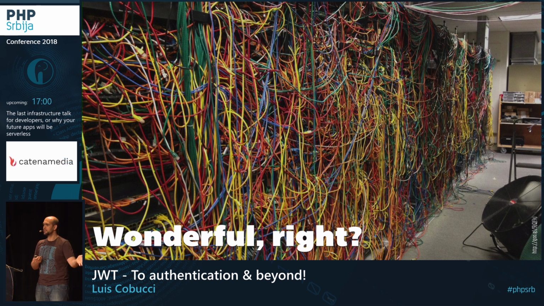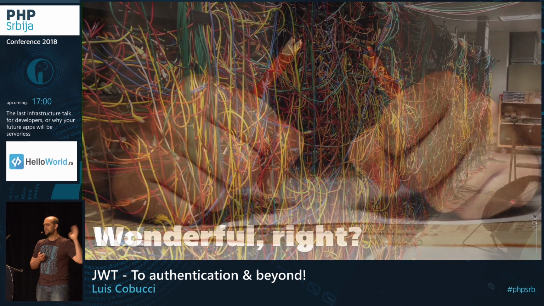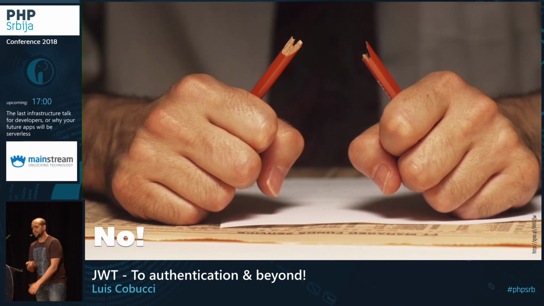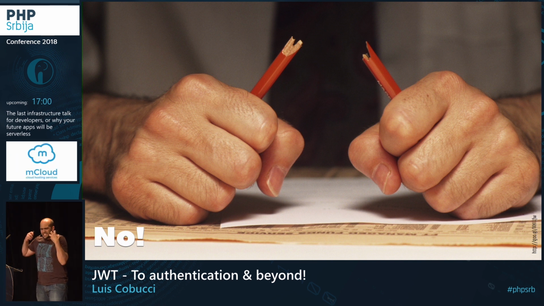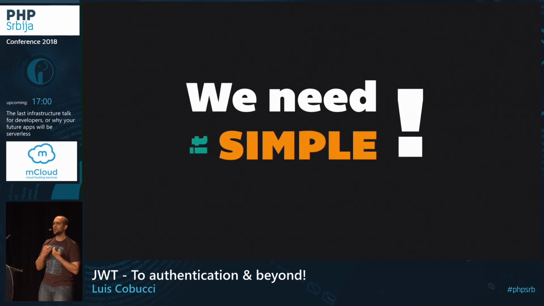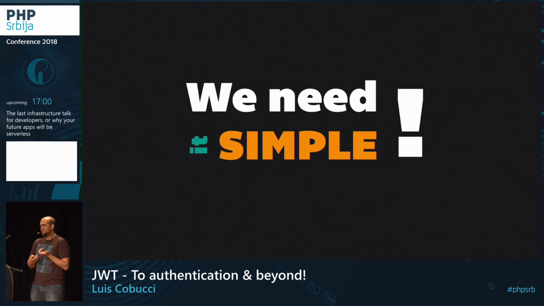Every token was in the database, so we had to have some sort of tools or background jobs to clean up the database, to remove the expired tokens. And I was really, really happy, right? Obviously not. I felt the need for something really simpler. That's what I needed. And back then, I didn't find that.